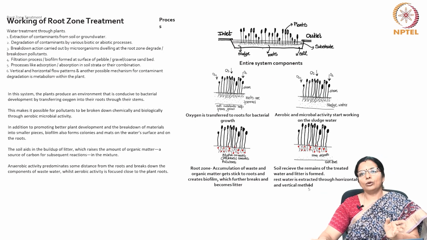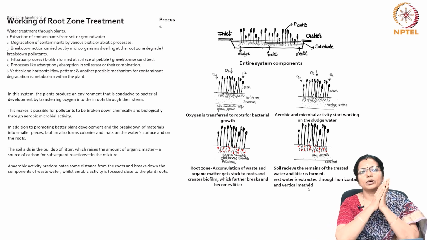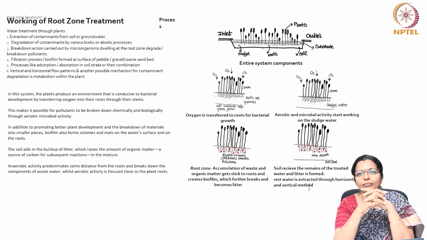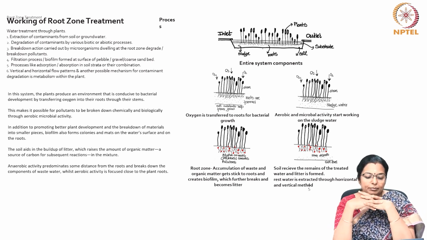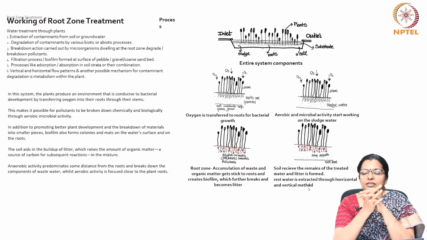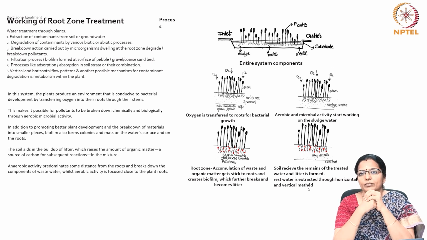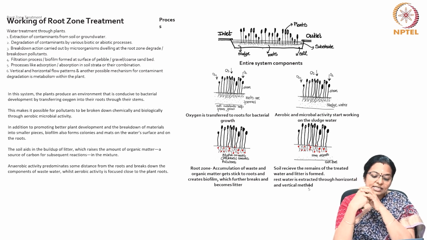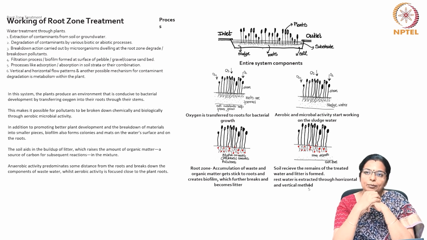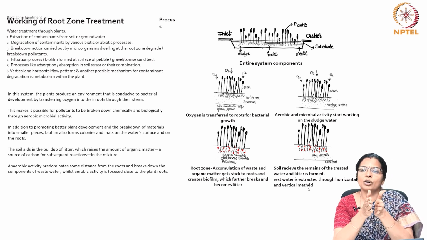Let us now look at the working of a root zone treatment. Water treatment happens through the use of plants, aqua plants, in a root zone treatment. There is extraction of contaminants from soil or groundwater. Then there is degradation of contaminants by various biotic or abiotic processes.